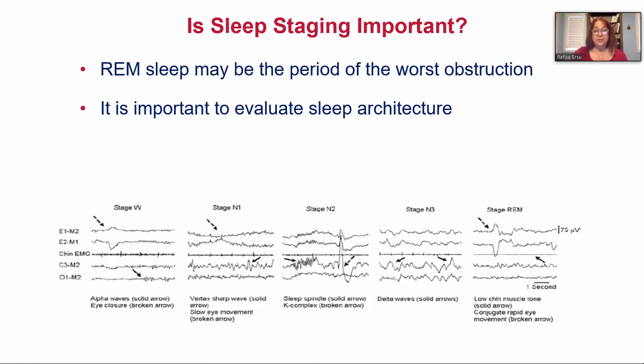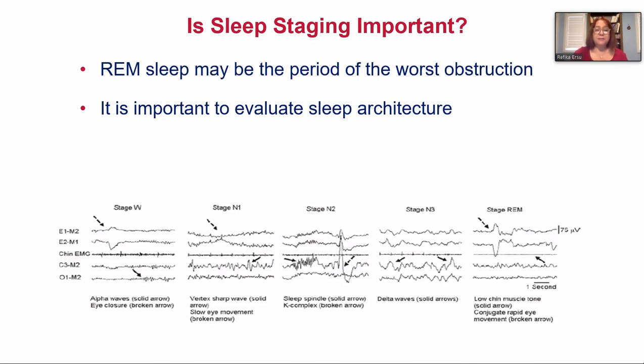If it's the child's first time in the sleep lab and they don't sleep well and do not have enough REM sleep, we may miss some mild obstructive sleep apnea, and in rare cases, we may even miss some moderate obstructive sleep apnea. So it's recommended to do another sleep study or just go to treatment if you're not seeing enough REM sleep and you don't see obstructive sleep apnea in the first night of the sleep study.